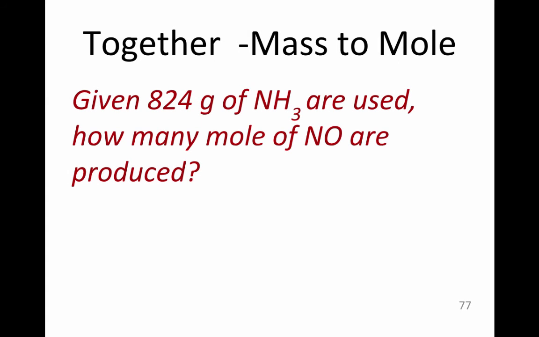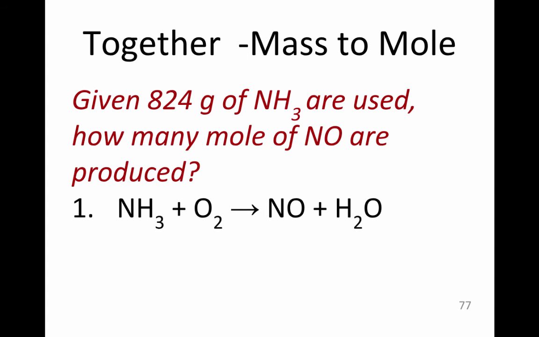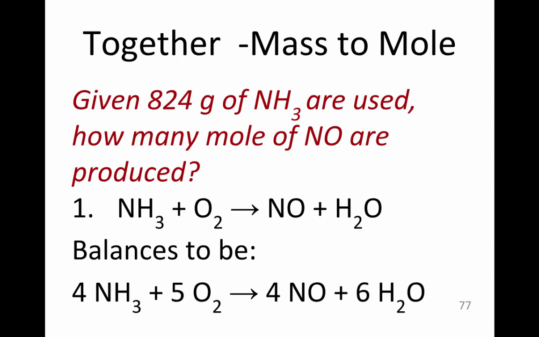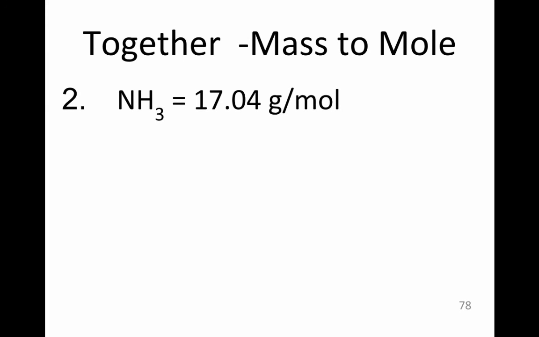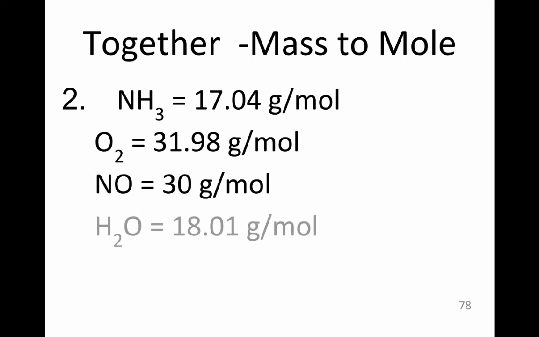Mass to mole, if you're given 824 grams of NH3 are used, how many mole of NO are produced? Again, you start with a formula or an equation that you're given. It balances to be 4, 5, 4, 6. NH3 is 17.01, O2 again, remember it's from my list, NO is 30, and water is again that 18.01.